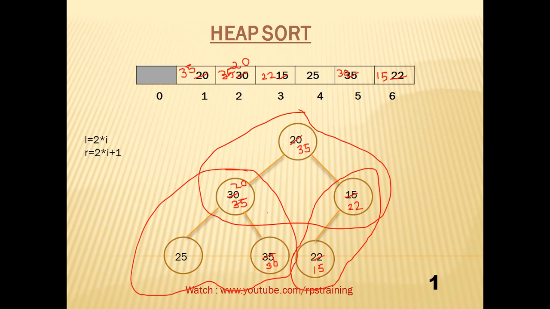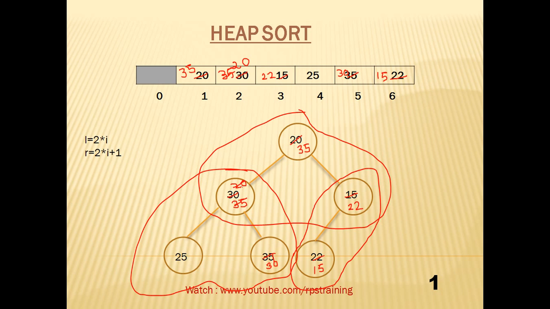But after interchanging, the order property of this subtree will be violated, because if 20 comes here, then its right child, that is 30, is greater than 20. It will violate the properties of the max heap, and so one more interchange will be done here.